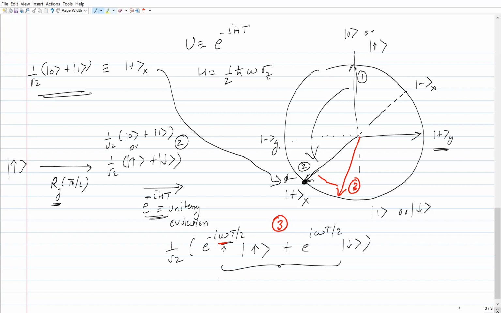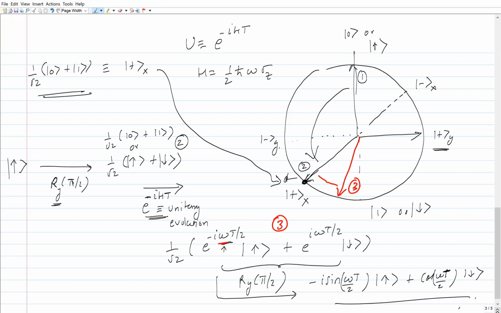Now all I need to do is find a way to extract this information. So what I do is give it another rotation about the y-axis by pi by 2 so that it flips over. So what do I get? You can just try it offline, but the answer I get is minus i sine omega t by 2 up state plus cosine omega t by 2 down state.